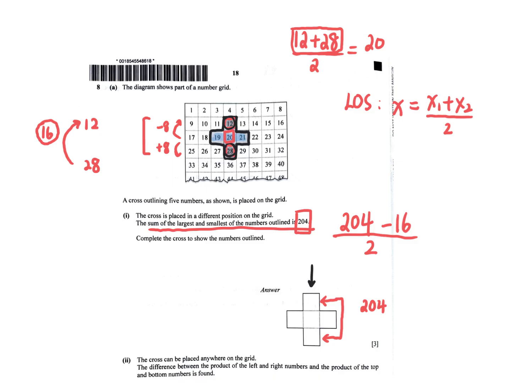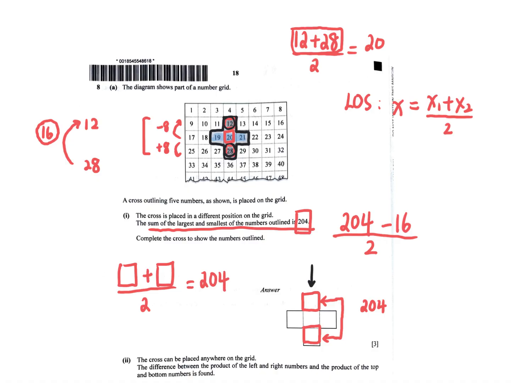So by right, this number plus this number divided by 2 should give me 204. So you just imagine between these two numbers, if I add them up, divide by 2, it will give me 204. Correct?